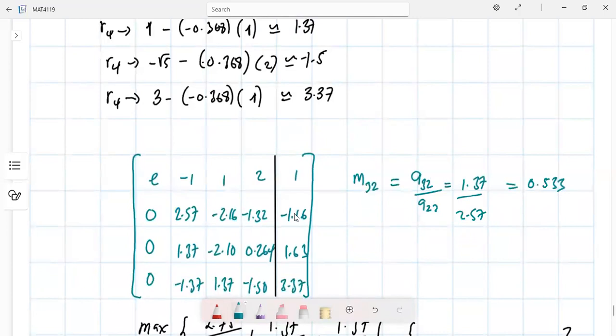And then also we have to reduce, M42 equal to A42 divided by A22. This is equal to negative 1.37 divided by 2.57. And this gives us about negative 0.533, the same, just different signs.